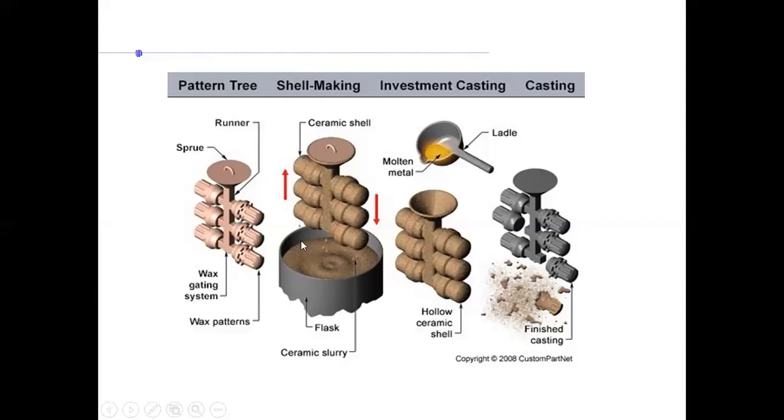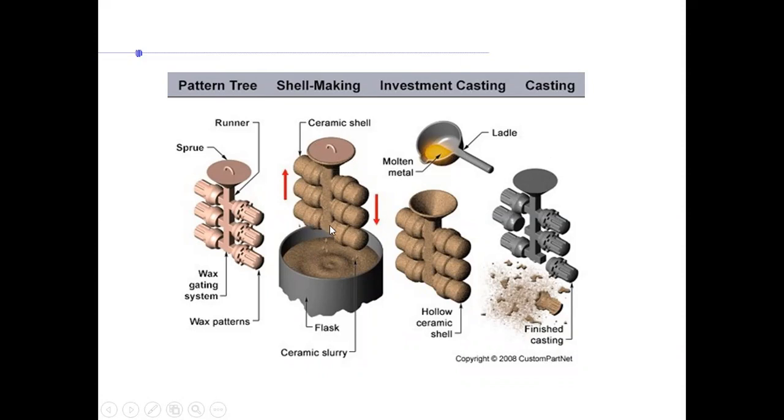We dip it multiple times, drying in between, and then once that is heated and the wax patterns are melted, you pour the molten metal. And then in the end, finish casting, you remove that, water jets or shaking, etc. You can remove that. You have the individual component, and all this will be counted as byproduct, so that can be remelted.